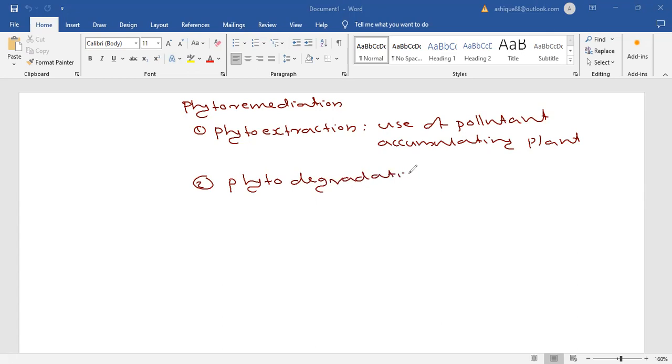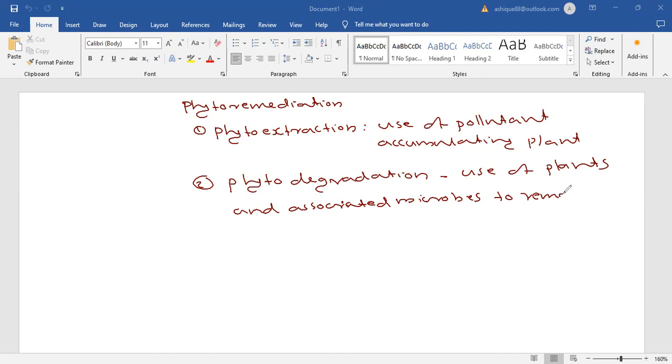In phytodegradation, we use plants and their associated microbes to remove pollutants or chemicals.